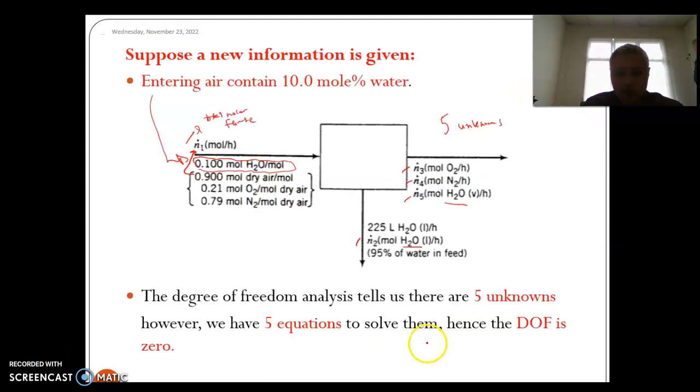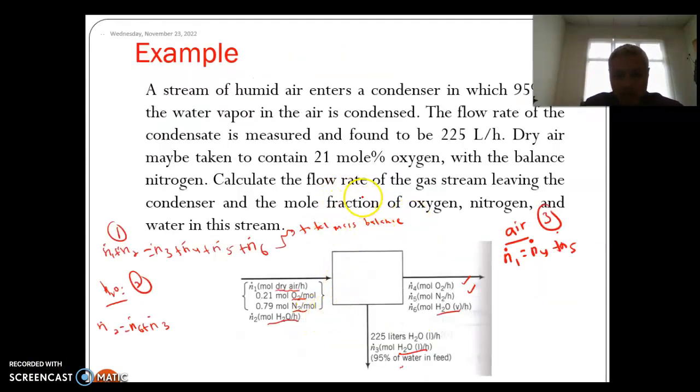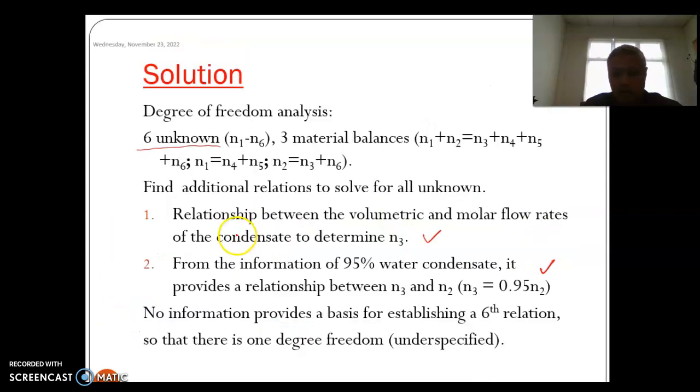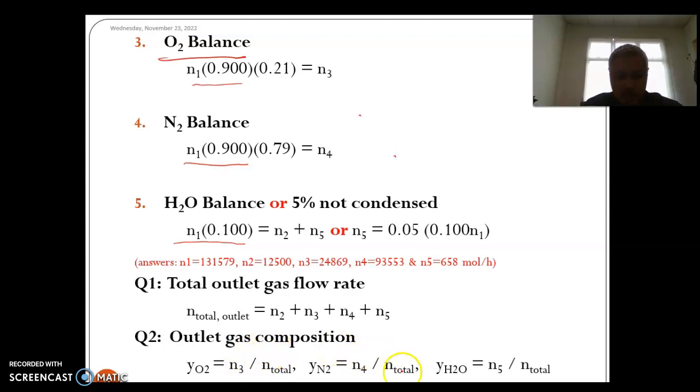If you go back to the question, we need to calculate the flow rate of the gas stream leaving the condenser, in which we already found N1 to N5, and then the mole fractions of oxygen, nitrogen, and water in this outlet stream. That's why I need to do this calculation.